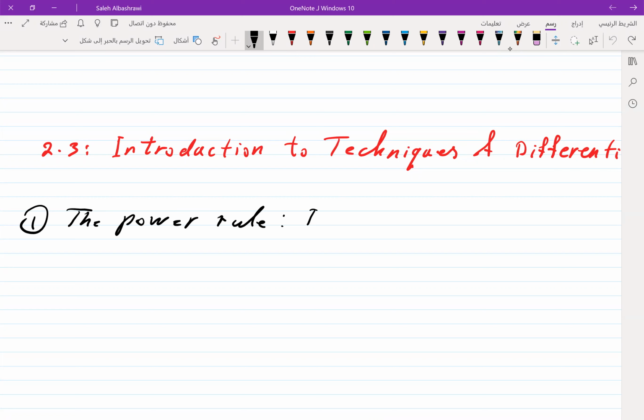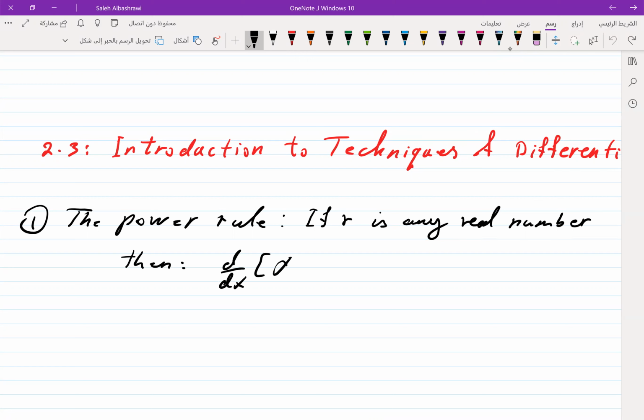The power rule says that if r is a real number, then the derivative with respect to x of x to the power r is equal to r multiplied by x to the power r minus 1. This is the power rule.